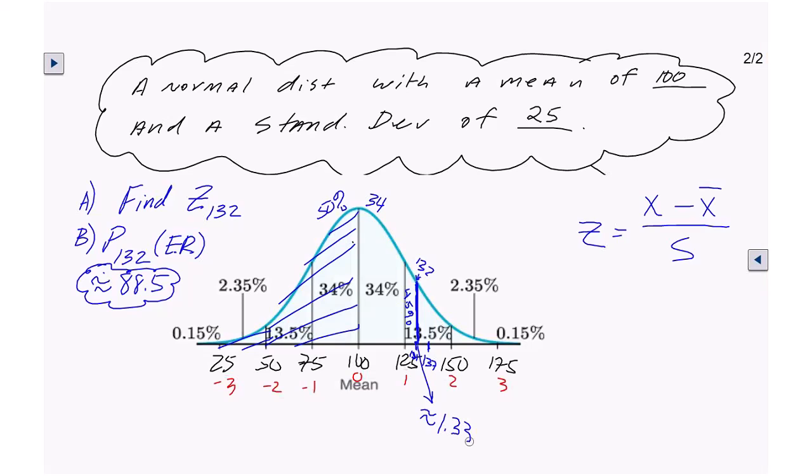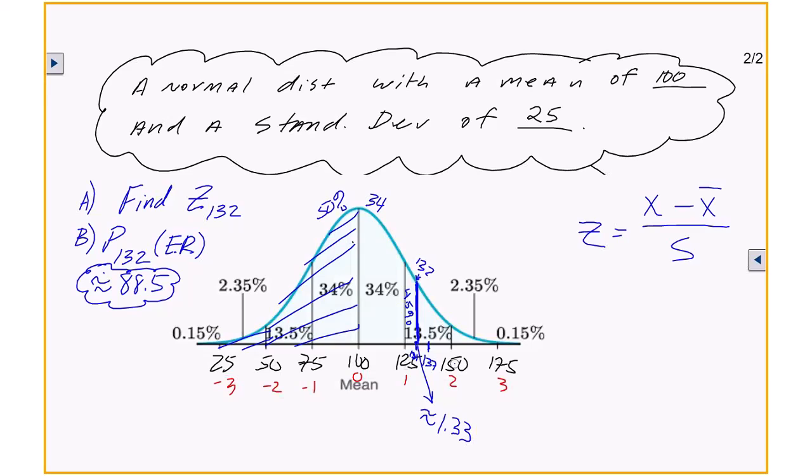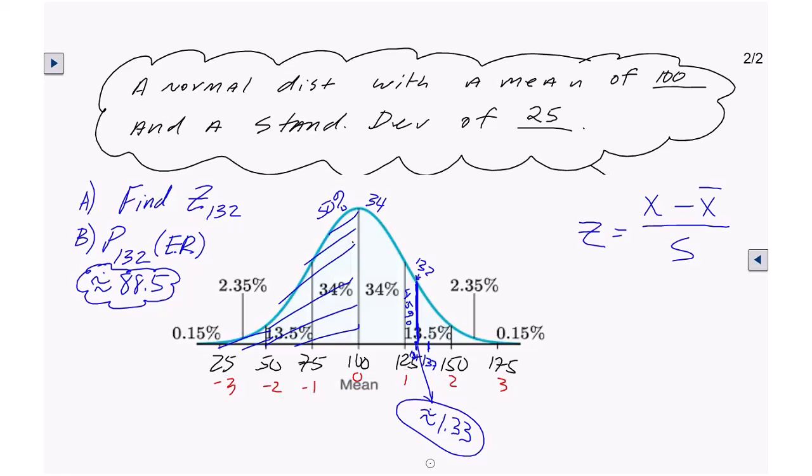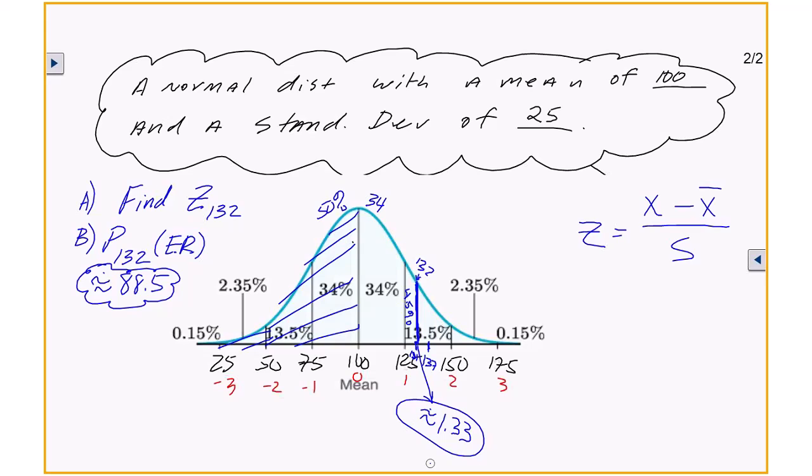And how did I get that? Well, what's the third of 1? This is 1 right here because this is 2 to 1. That's 1 unit. What's the third of 1? 0.33, Hubert. That's right, class. So that's why I say that the z-score there is about 1.33.